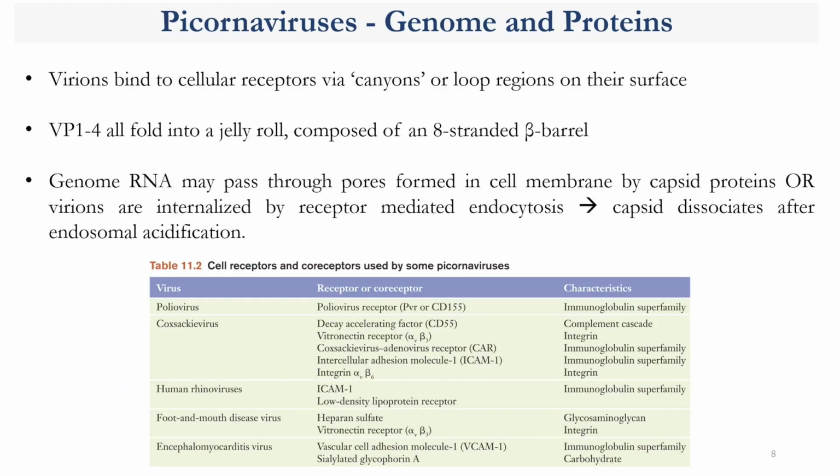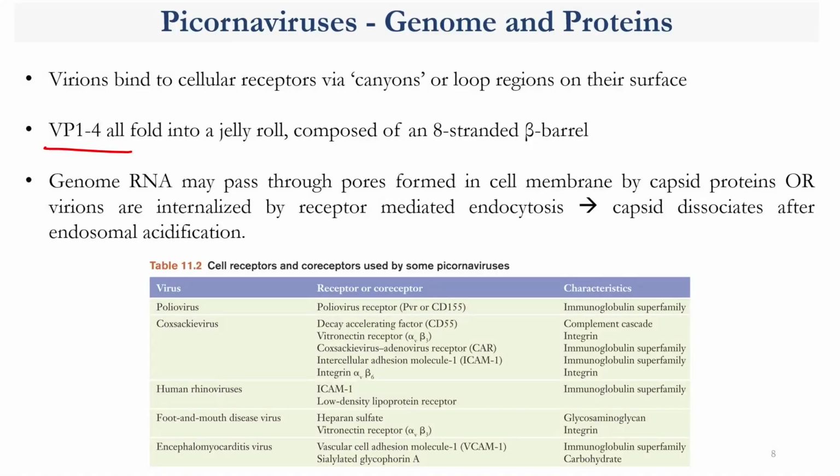Now, these virions, they bind to cellular receptors using canyons or loop regions on the surface like we discussed. And your VP1 to 4, they all form the jelly roll structure. So they form 8-stranded beta barrels, so this is the beta jelly roll structure like we discussed in one of the earlier lectures, okay?